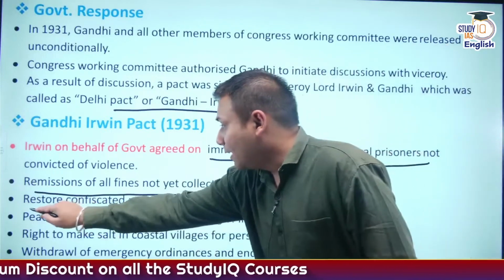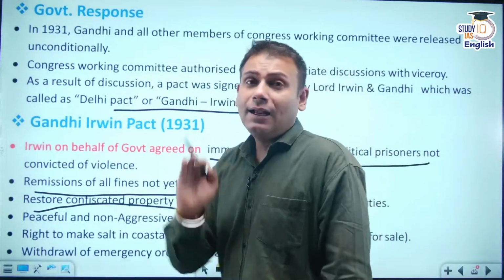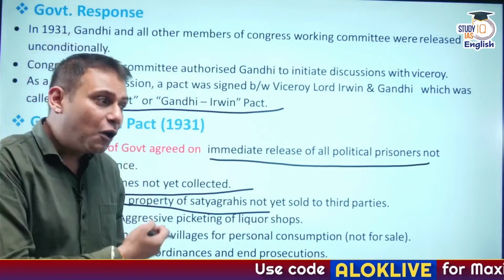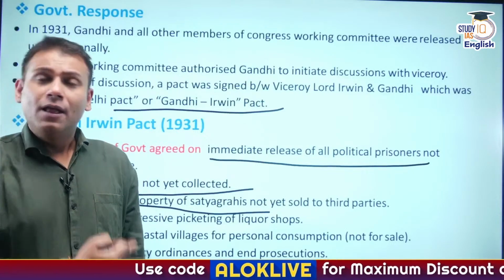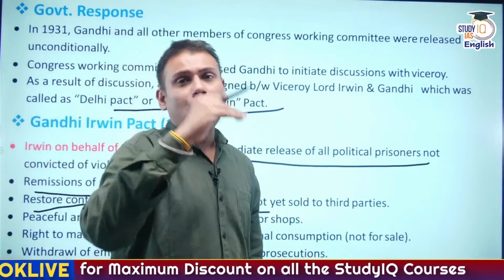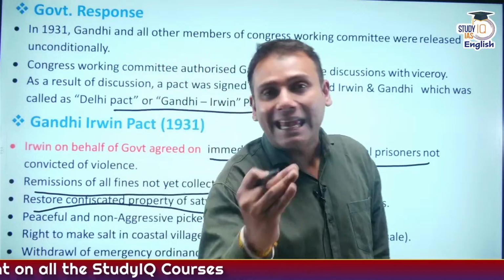Restore the confiscated property. As I have told you right at the start of the session, those demonstrators or protesters who were part of the movement were being heavily fined. They were being beaten up in the lockup. Apart from this, their property was being confiscated.